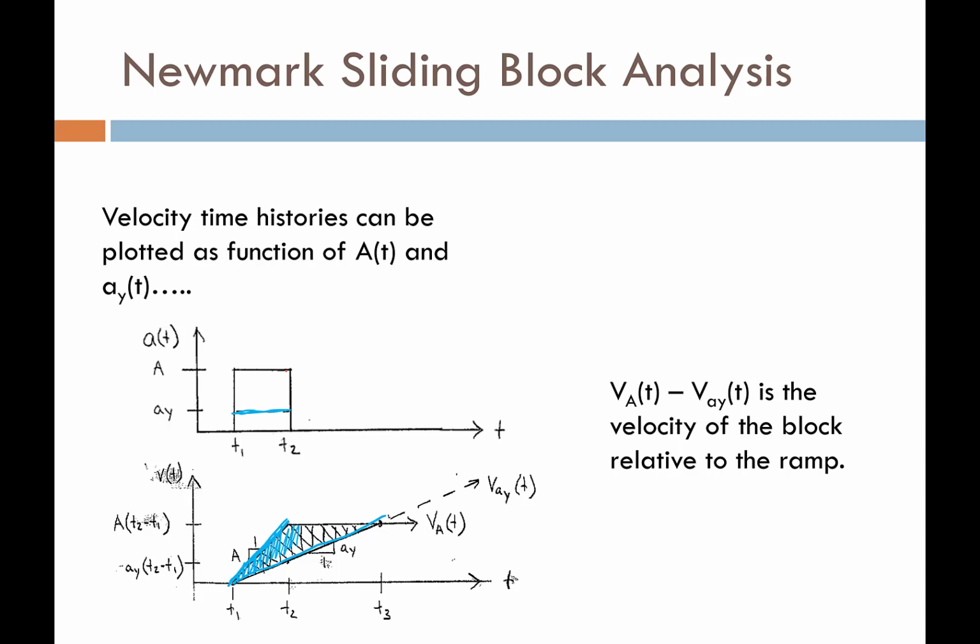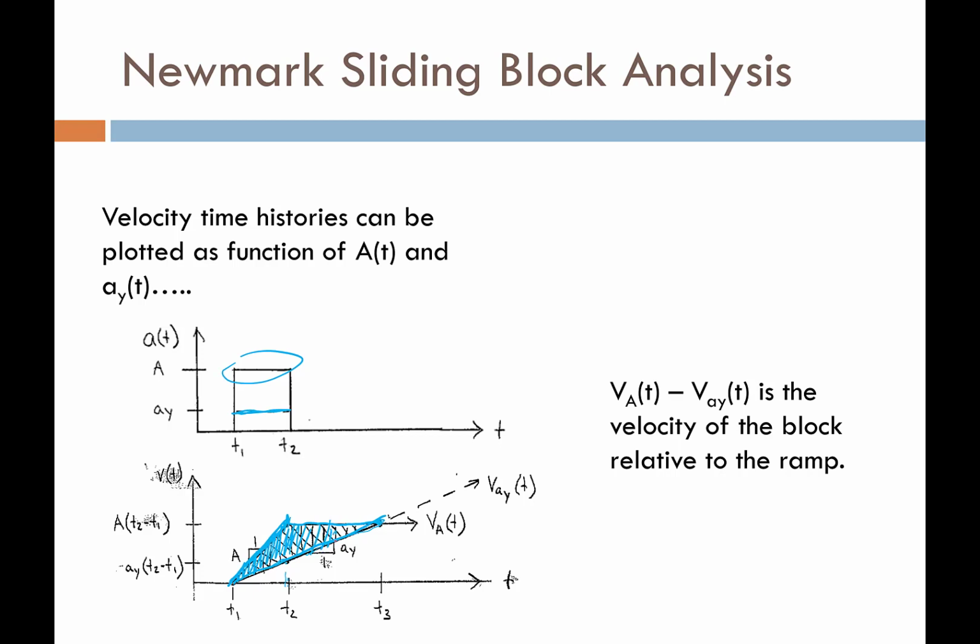So at time equals 2, A stops. So my slope at A just stops. And then it stays constant. It doesn't move. And it will stay constant until my yield acceleration slope catches up to it.